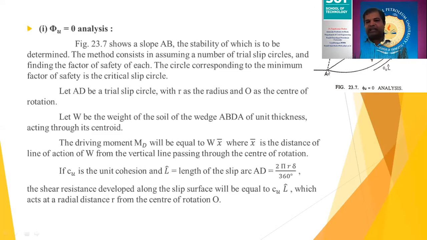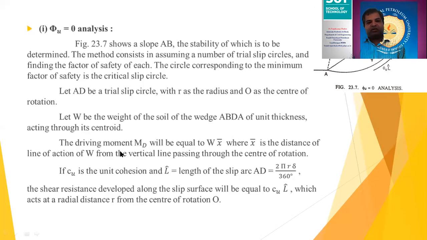So I need to find out the weight of this particular trial slip wedge ABDA, and I'm assuming that is W, and this weight will act at the centroid of it. I'm assuming a two-dimensional problem or plane strain problem, with thickness towards the z-axis being unity. Fine. Let us go further.